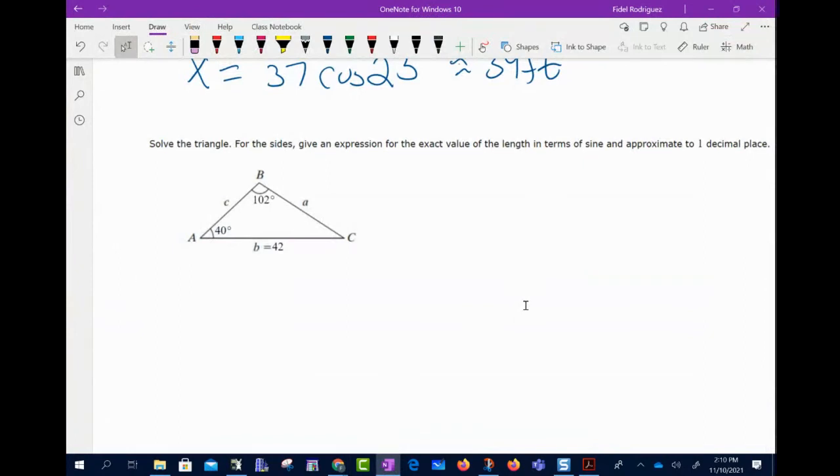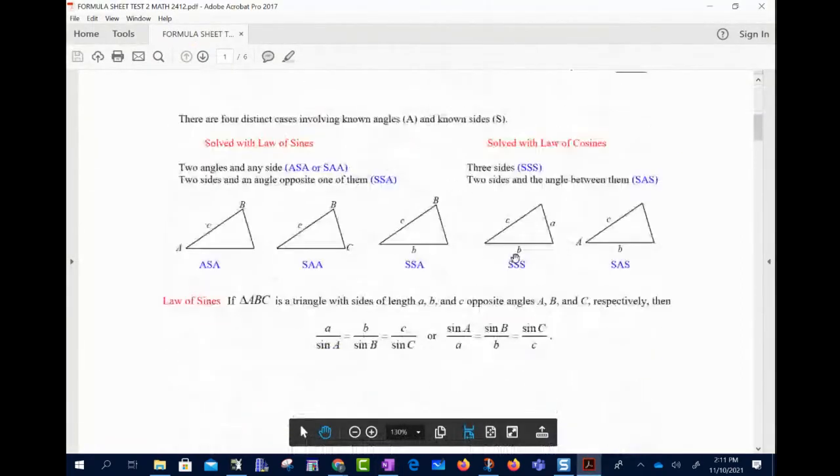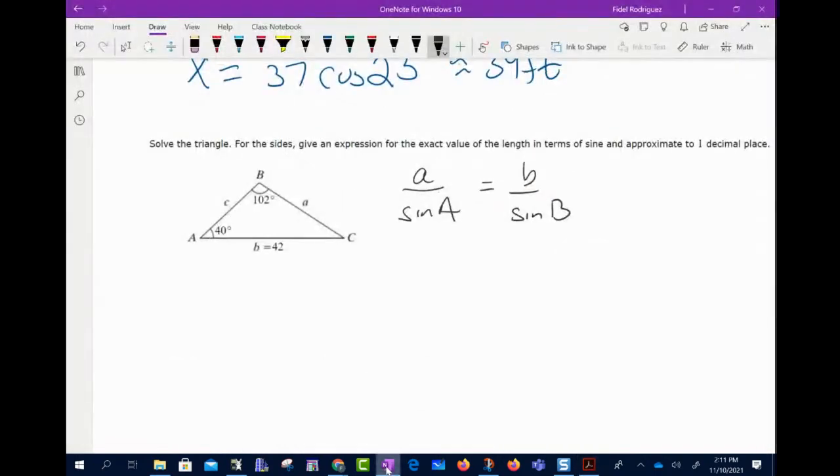So let's take a look here. If I'm going to do this, do y'all agree that we could say something like, from the formula sheet, the sine of a over a is equal to b over the sine of b, right? And again, y'all, all I'm really doing here is pulling this up and scrolling down. Here we go. Here's my law of sines, right? So I'm just saying little a over sine A equals little b over sine B. Okay, so now that we have that, let's see if we can find our value of a.